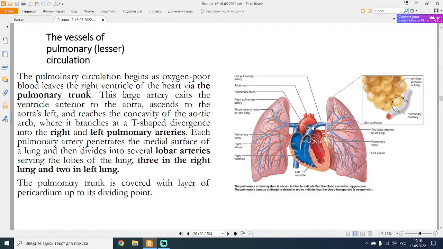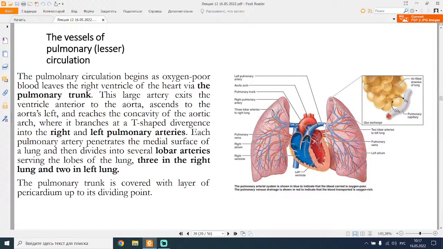This large artery exits the ventricle anterior to the aorta, ascends to the left of the aorta, and reaches the concavity of the aortic arch. There it branches at a T-shaped divergence into the right and left pulmonary arteries.